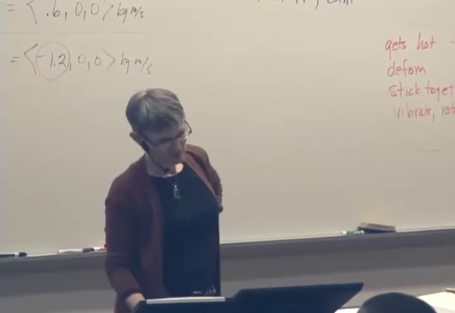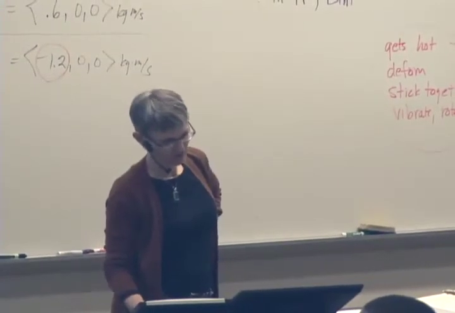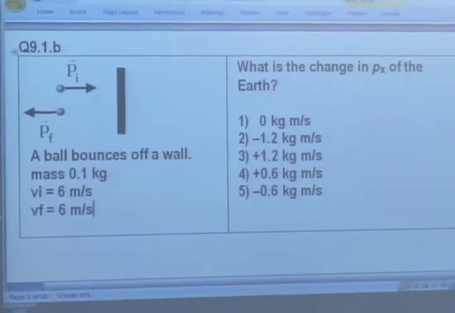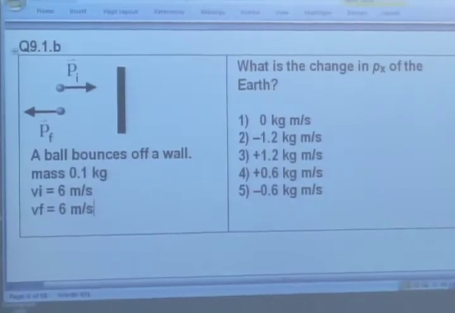So what was the change in the x component of the Earth's momentum in this collision? If we take the system to be the ball and the wall and the Earth, the wall connected to the Earth, so if you change the momentum of the wall, it's going to change the momentum of the Earth because it's rigidly connected to the Earth.